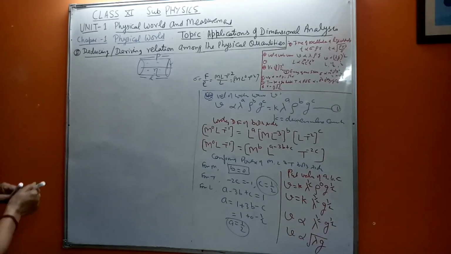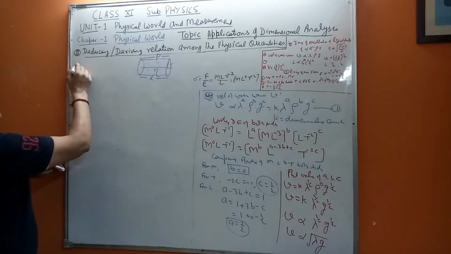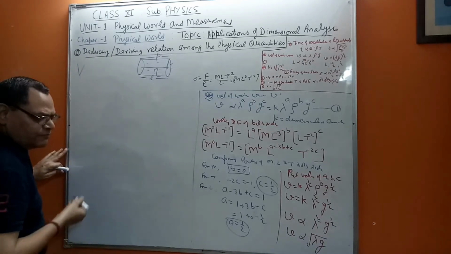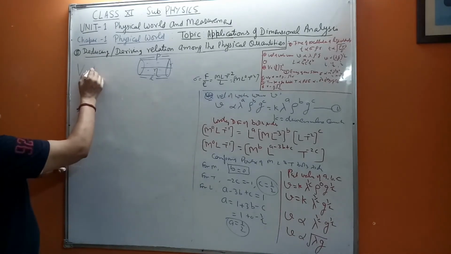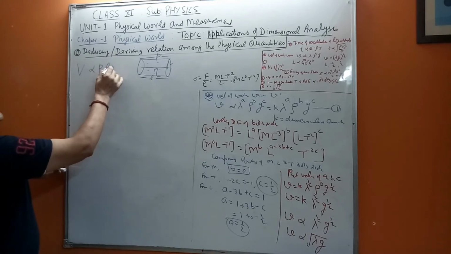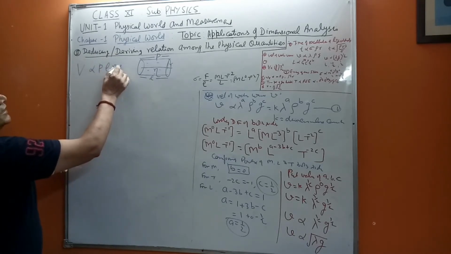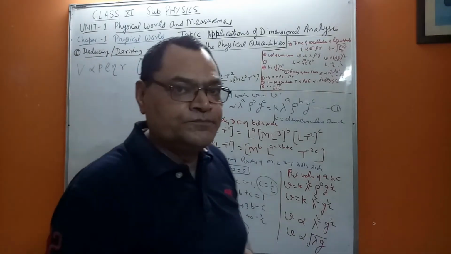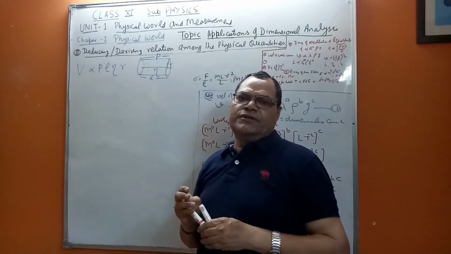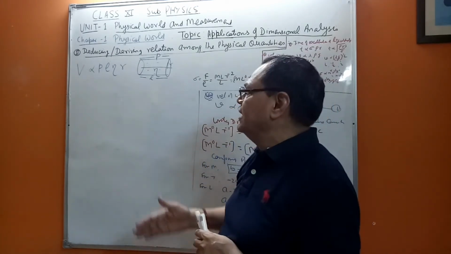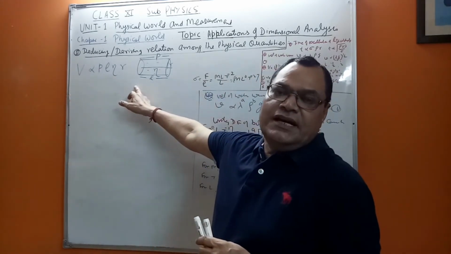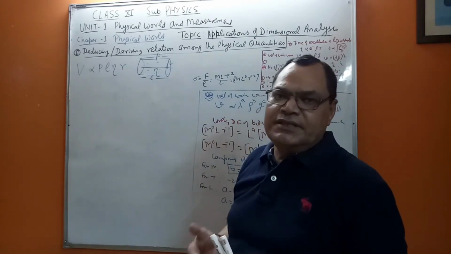The question says that the volume of liquid flowing per second, or per unit time, will depend on the pressure, the length of the tube, the viscosity eta, and the radius of the tube, that is R. But if you remember the limitations of the dimension formula which we discussed in the previous class, if a quantity depends on more than 3 factors, then it will be very difficult for us to derive a relation.